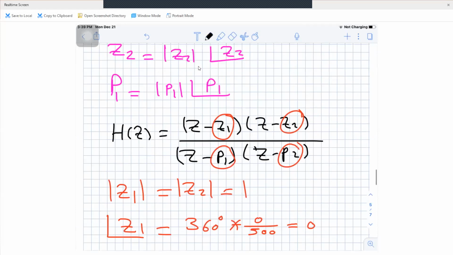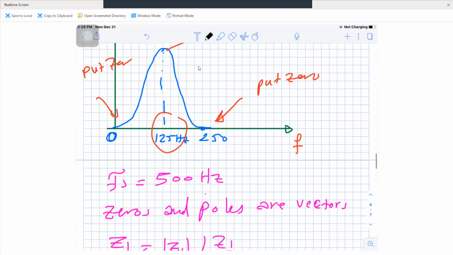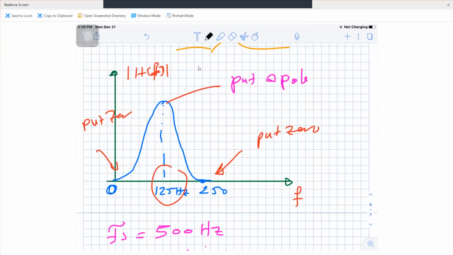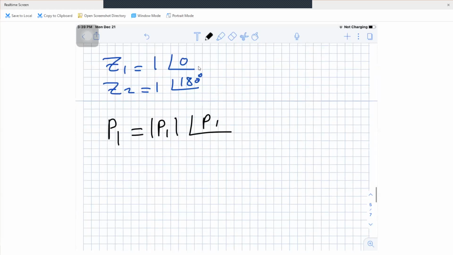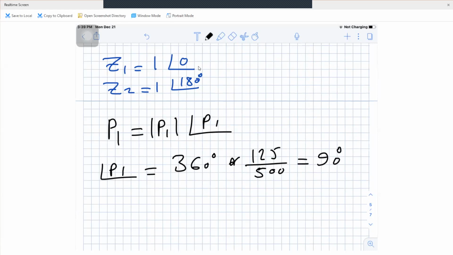Let's go to the tolerance scheme diagram. The maximum value occurs at a frequency of 125 hertz. Using the previous equation, the angle of P1 will be 360 degrees multiplied by 125 divided by 500, which is 90 degrees.